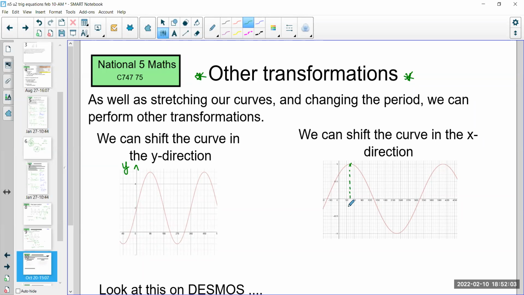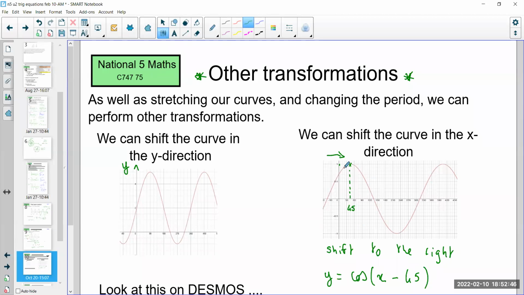So this graph has been shifted by 45 degrees. Because I normally start at the top for cos, it's been shifted by 45. Because it's been shifted to the right, we need to take away 45. So when you shift to the right, you just write y equals cos of (x minus 45), by how much has been shifted.